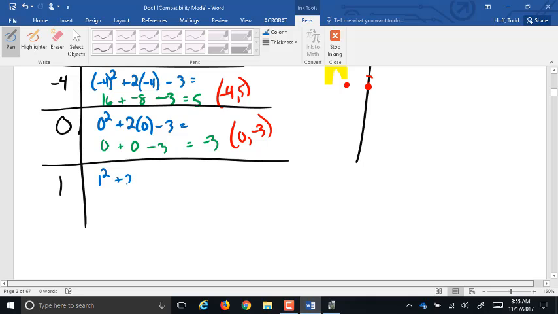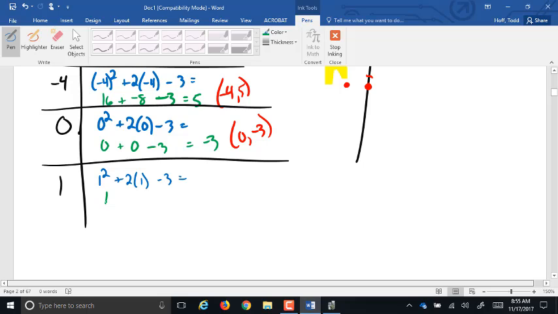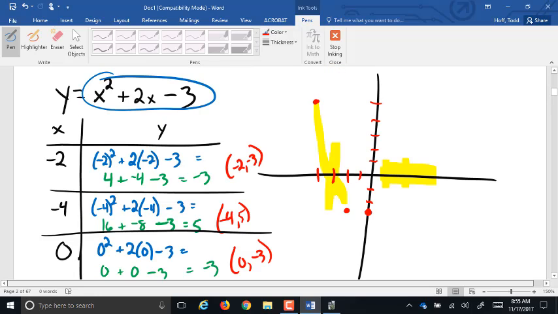So 1 squared plus 2 times 1 minus 3. Well, what is 1 squared? 2 times 1? 2. 1 plus 2 minus 3 is 0. That was kind of an easy one. X is 1, y is 0, a point right there. Let's try x is 2.